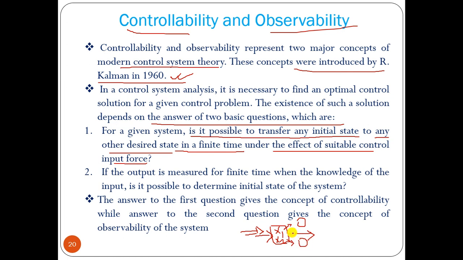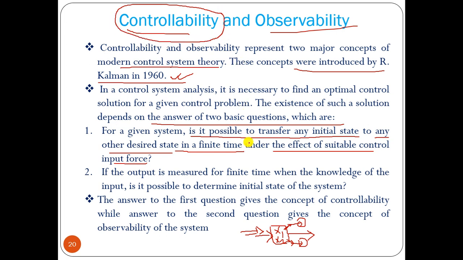That means, by applying a control input, can we reach that desired state value or not? That is the main question. We know the internal state variables, we know what the next state value should be. By applying a control input, can we reach that desired state value in a finite time? This can be analyzed using the concept of controllability.